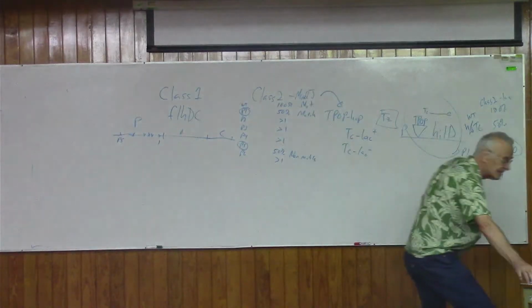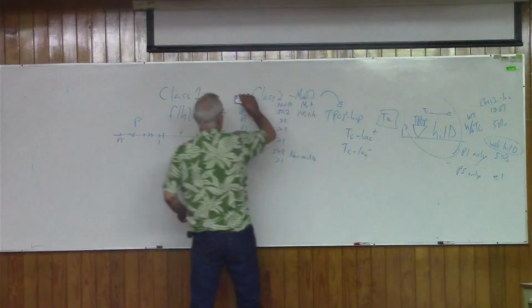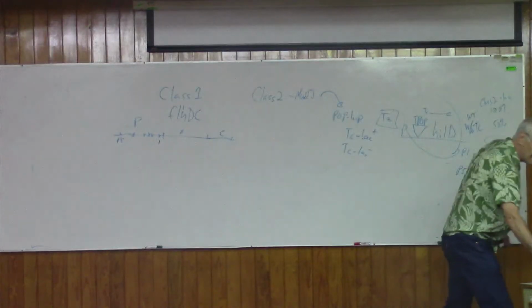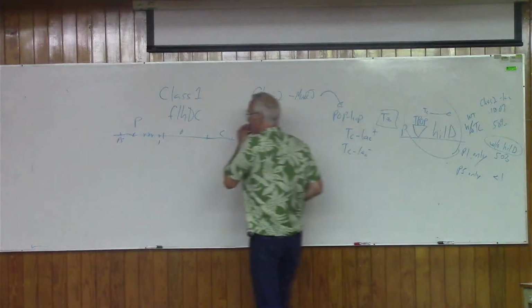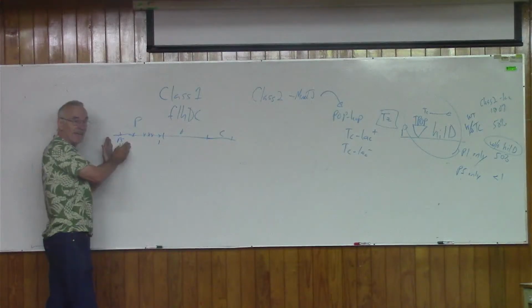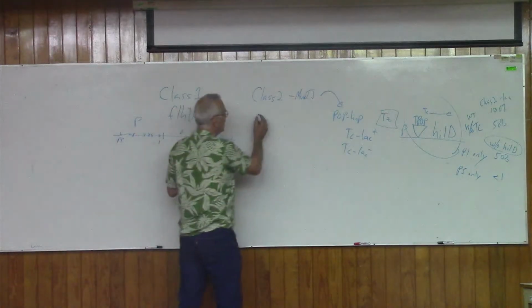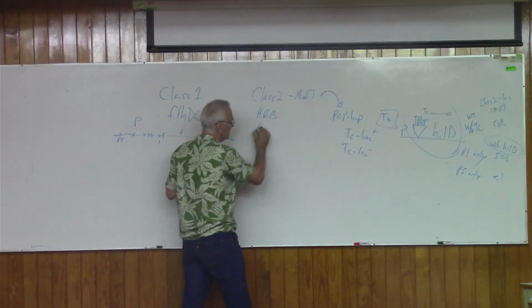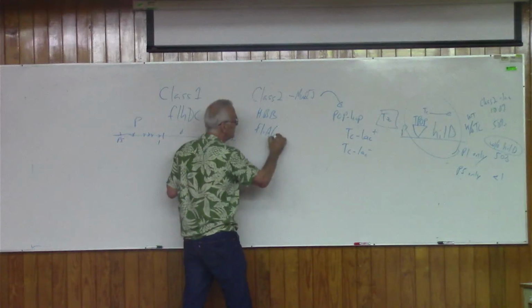And so what happens, and you saw from the paper, that in fact HIL-D really does bind here as an activator, right? We showed that in the paper. So the class 2 has the hook basal body genes, and it has this sigma factor gene.